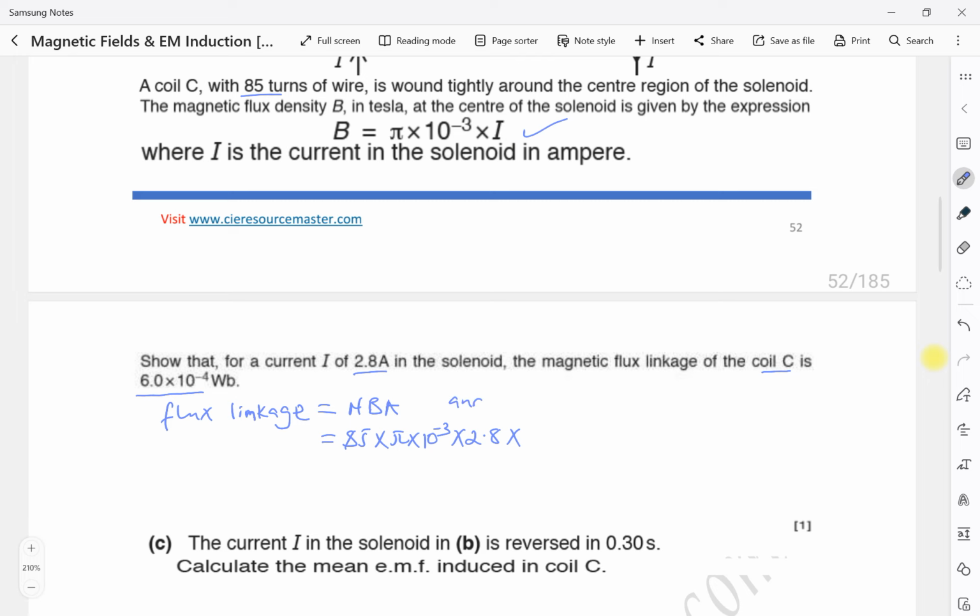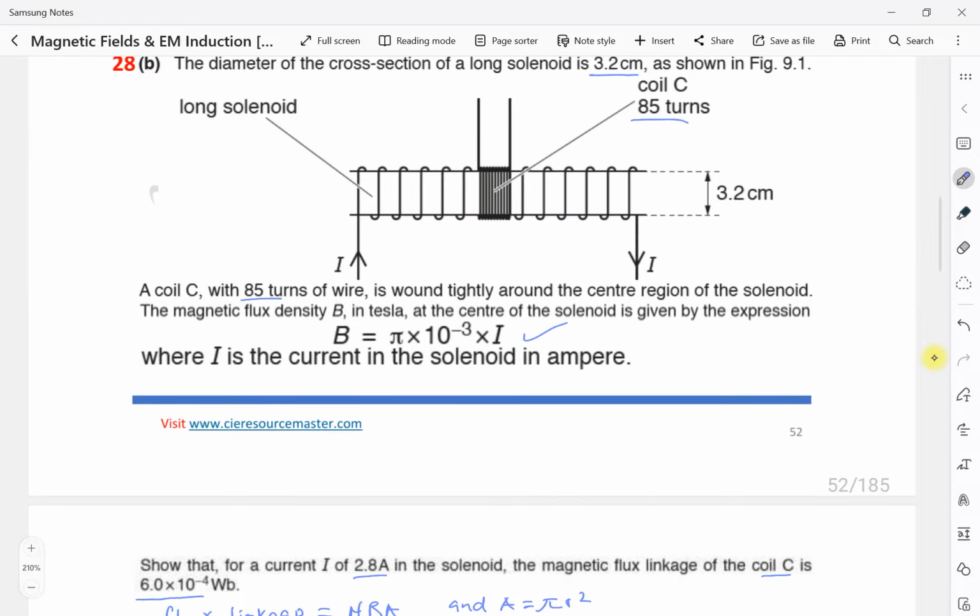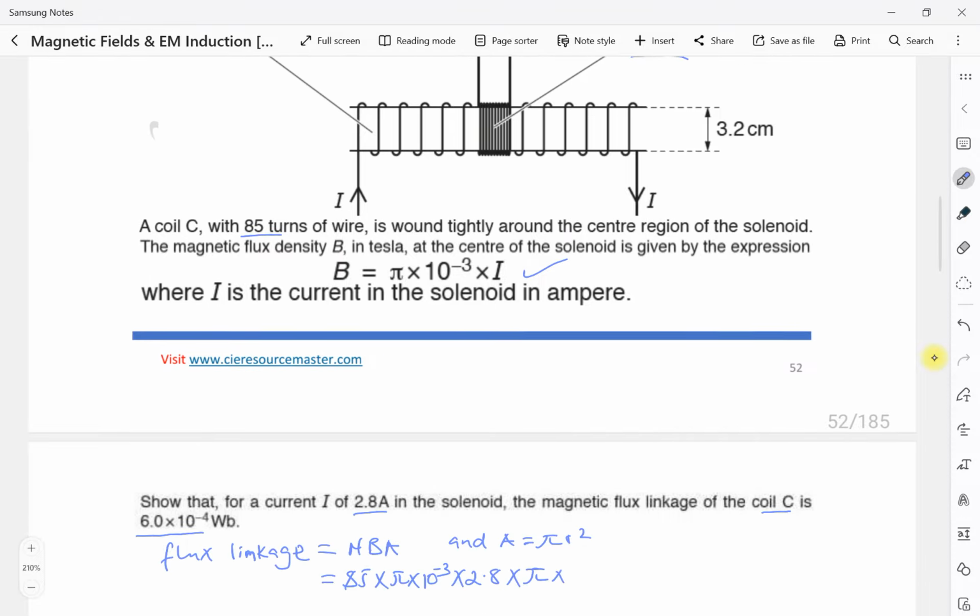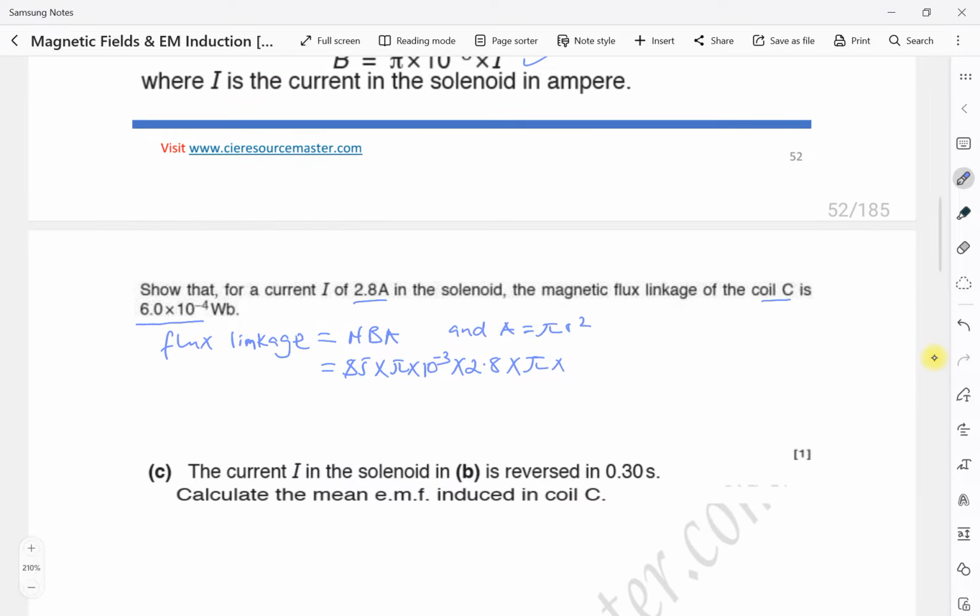Of course, we know that the area equals pi r squared. So this is going to be times pi times the radius. They gave us the diameter of the coil as 3.2 centimeters, so the radius is 1.6. So I'll simply say times 1.6 times 10 to the power of minus 2, squared, to change it to meters.